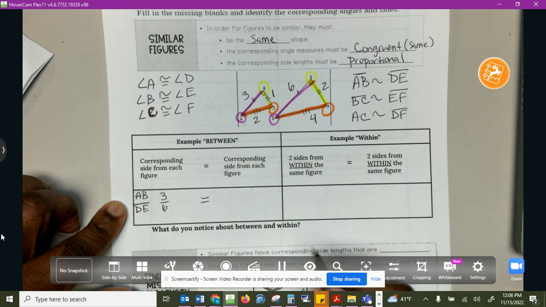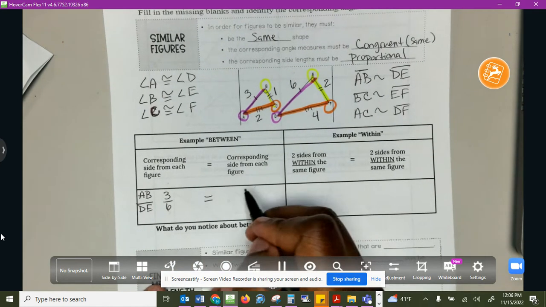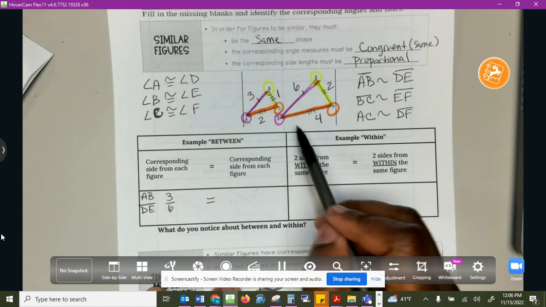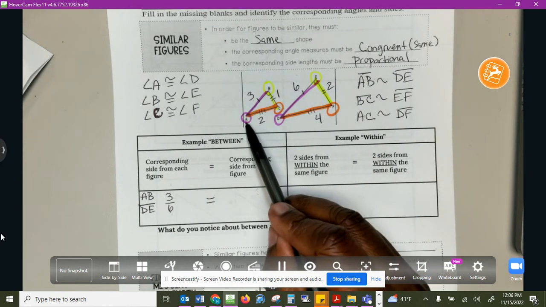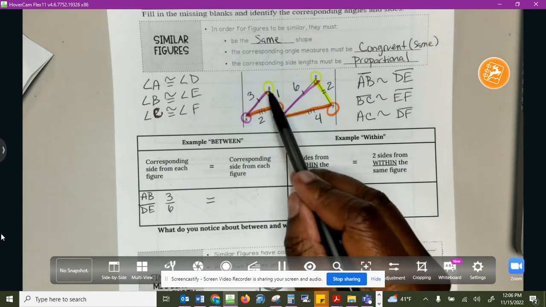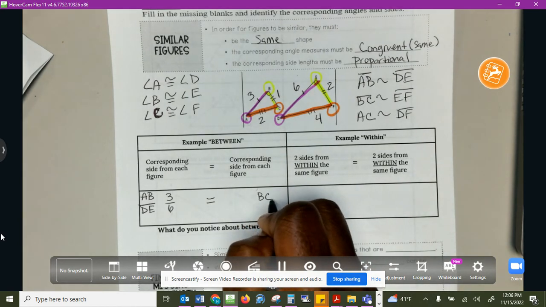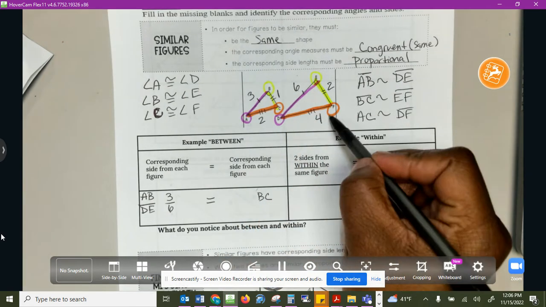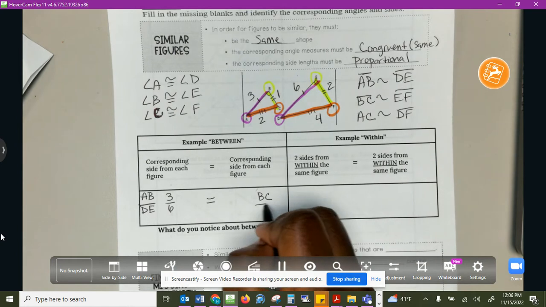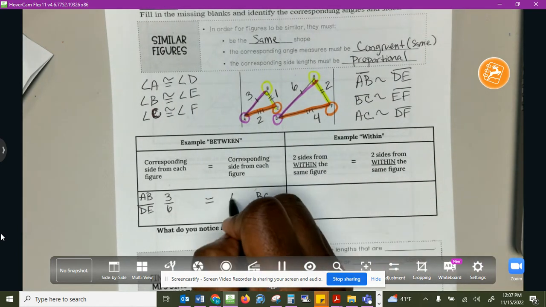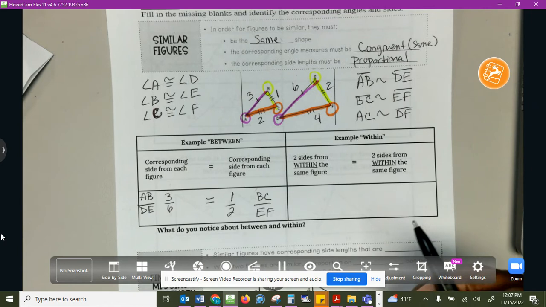And I'm saying I would set that equal to another set that were corresponding. So maybe let's try BC. So if I did BC, we'll go with EF. So number-wise, that will be 1 over 2.